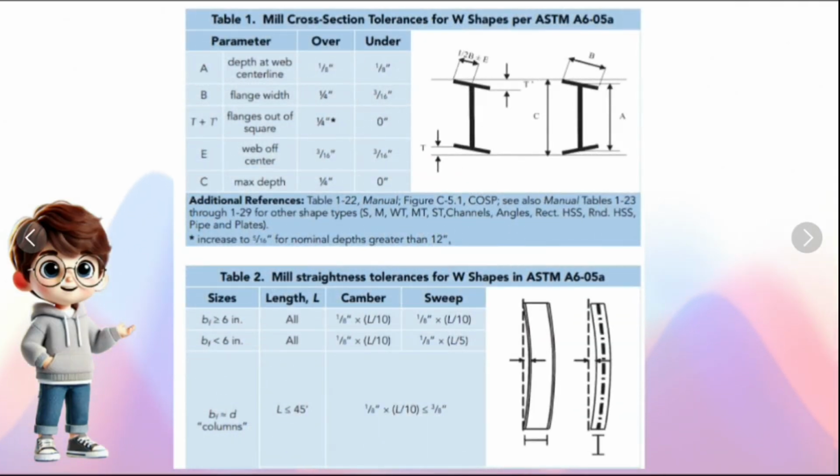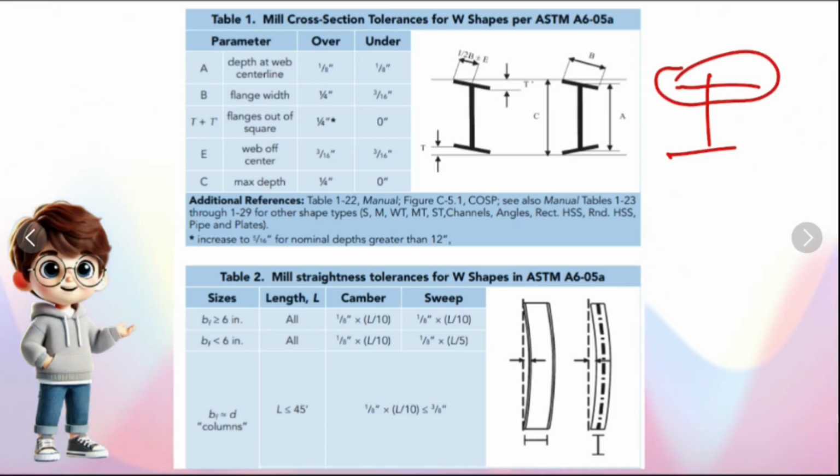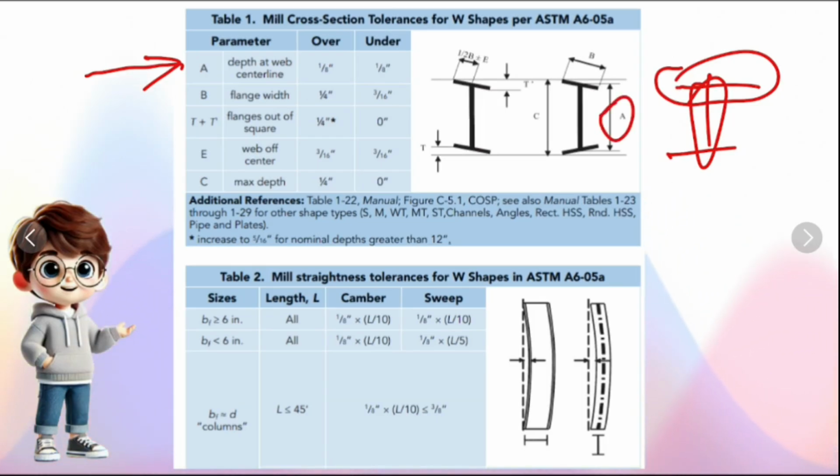For example, if you see this table, usually this is the shape of an I member in which the flanges and web are exactly perpendicular to each other. But due to the mill tolerances, if you consider the depth at exactly the center of the beam, the A value will be in the range of +1/8 and -1/8.